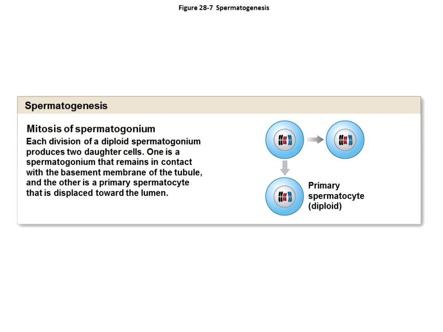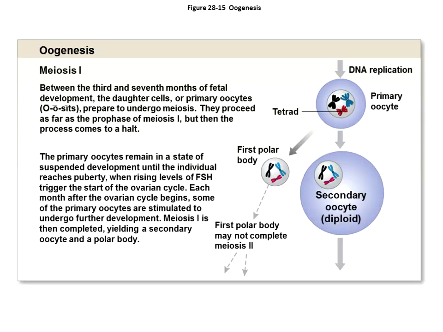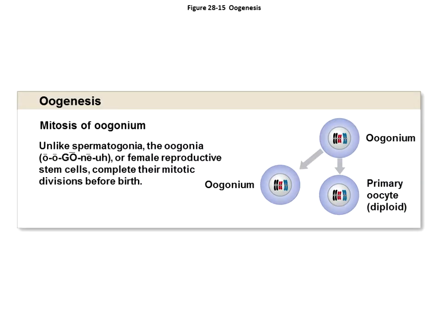So this guy that goes through mitosis, I'm going to go back a little bit. Remember we said that the spermatogonium divides, one stays a spermatogonium, and the other becomes a primary spermatocyte. Well, in oogenesis, this process of the oogonium dividing takes place before birth.